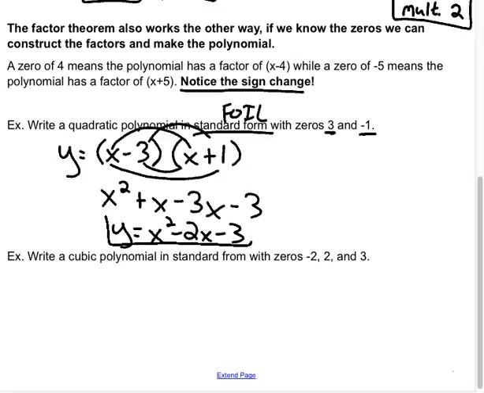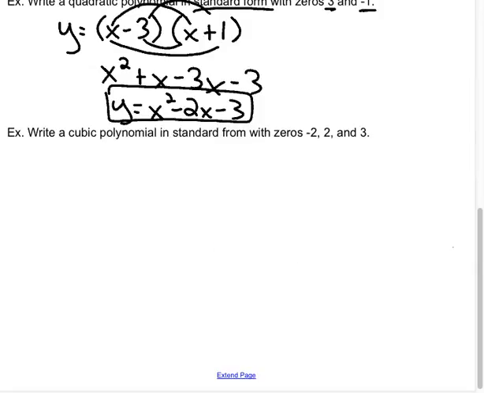So there is my polynomial that has those 2 zeros. Again, really cool that you can do this. Use the zeros to reconstruct the factors, FOIL out the factors, and that gives you the polynomial.